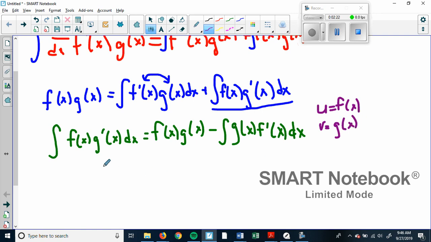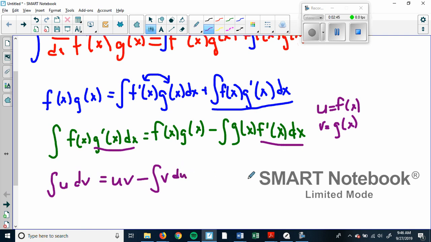And so we rewrite this as the integral of u dv equals uv minus the integral of v du, because this is the derivative of f, du, and this is the derivative of g, dv.